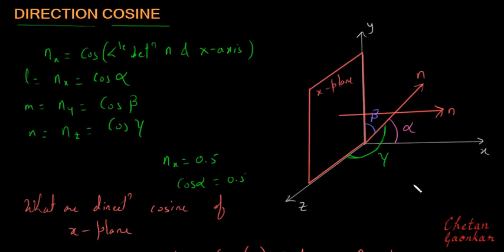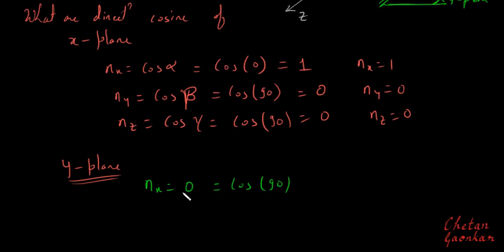If I draw the y plane here roughly, then its outward normal will be in the direction of the y-axis, right? That means it will make 90 degrees with respect to the x-axis and 90 degrees with respect to the z-axis, but with respect to the y-axis, this outward normal will make a 0 degree angle, because it will be parallel to the y-axis. So for the y plane, nx will be 0, ny will be equal to 1, because it makes 0 degrees with the y-axis, whereas nz will again be equal to 0.